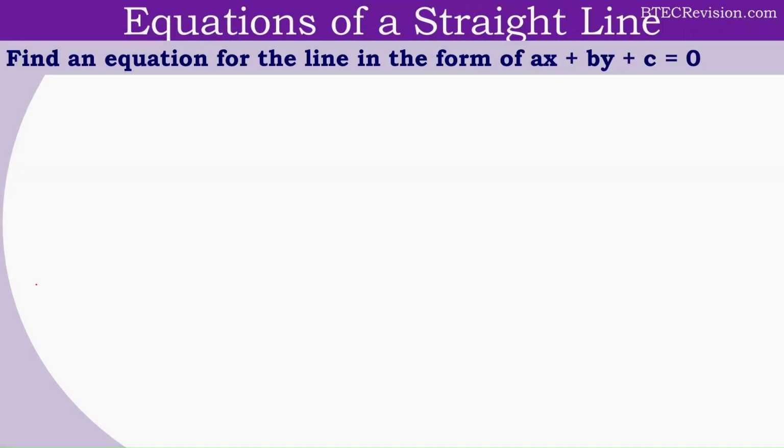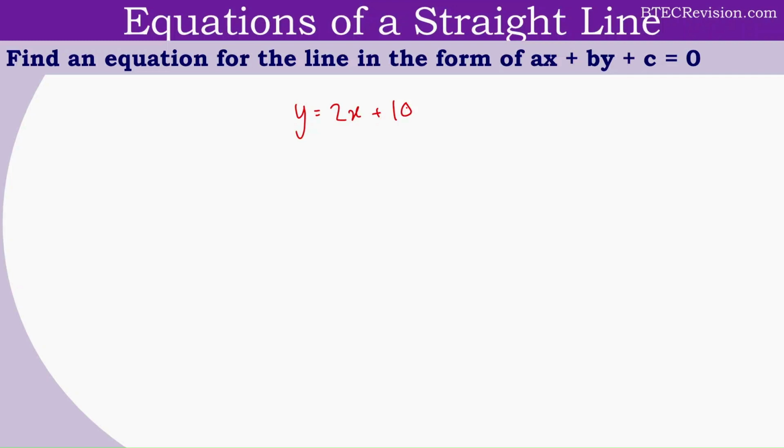Now the other form of the equation of a straight line is ax plus by plus c equals 0. So we should be able to convert from one form into the other. For example, let's take the equation y is equal to 2x plus 10. Now, in order to convert this, we would want to bring all the variables onto one side.